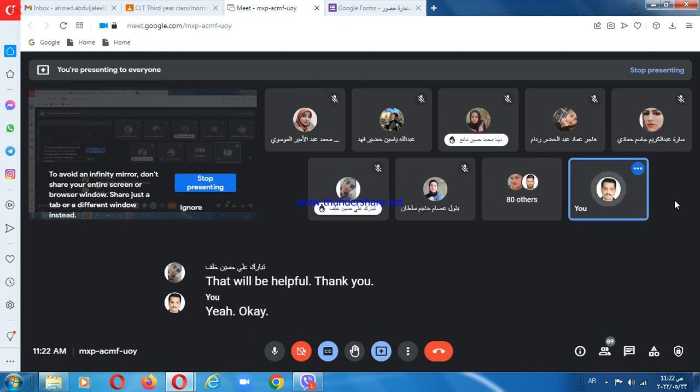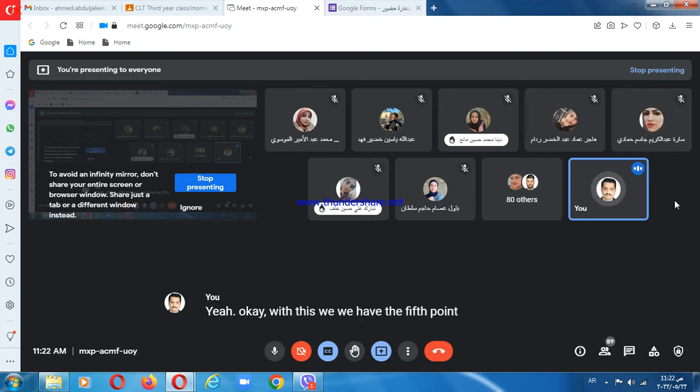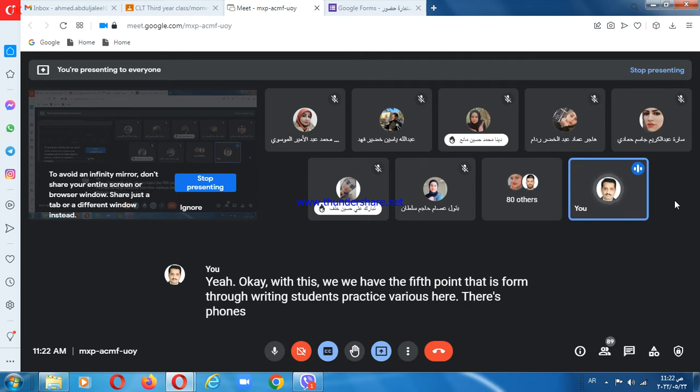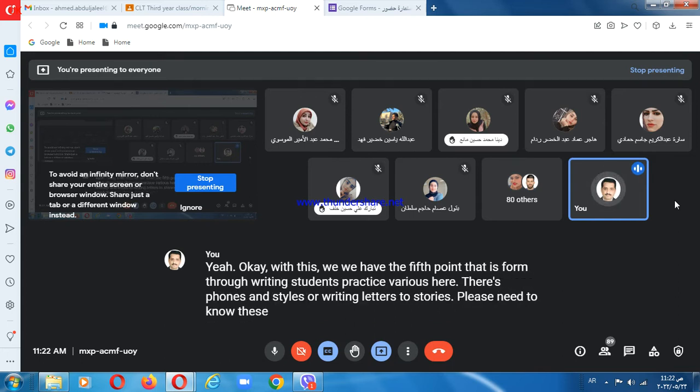With this, we have the fifth point, that is form. Through writing, students practice various forms and styles, from writing letters to stories. Students need to know these forms, especially the business letter.